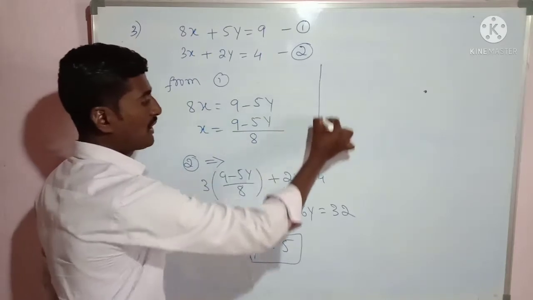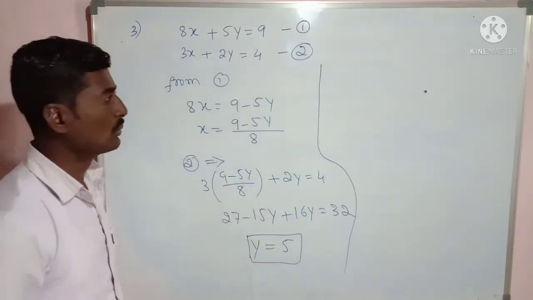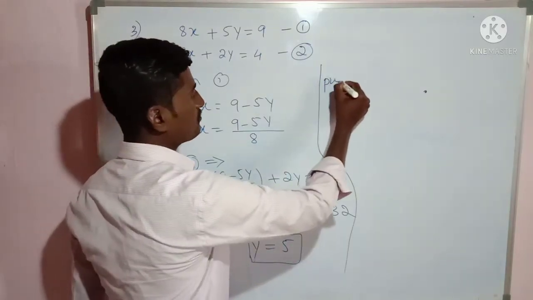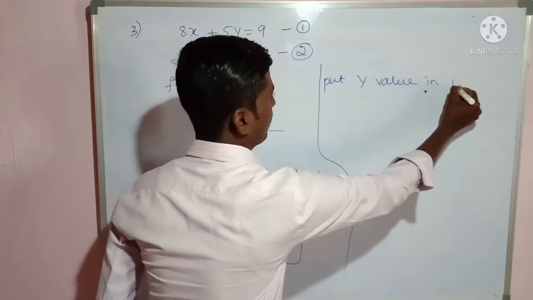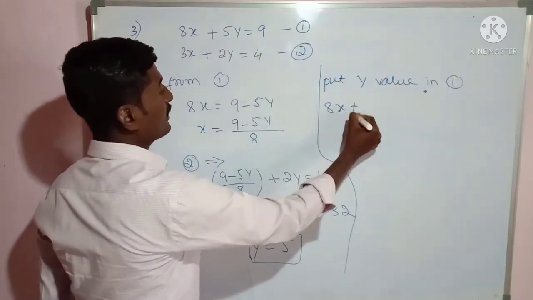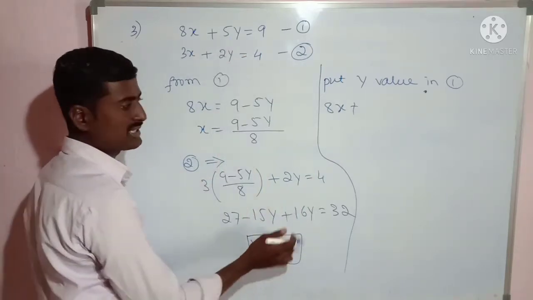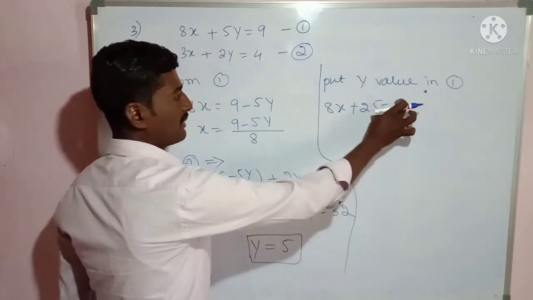So I have to find the value of x by substituting the y value either in equation number 1 or 2. Put the y value in equation number 1. So 8x plus 5y, 5 fives are 25, is equal to 9. Right?